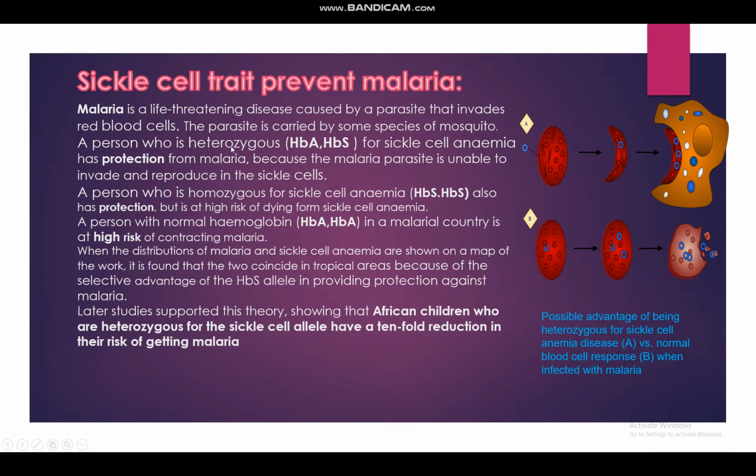A person who is heterozygous, that is, whose genotype is HBA, HBS, has protection from malaria because the malaria parasite is unable to invade and reproduce in the sickle cells, because it only invades the normal RBCs, not the sickle type of RBCs.